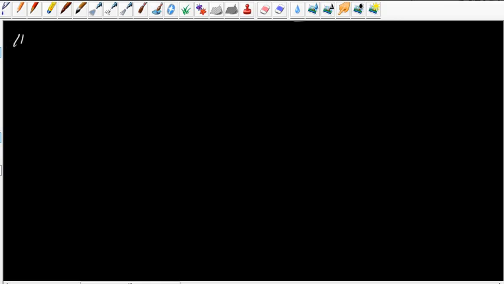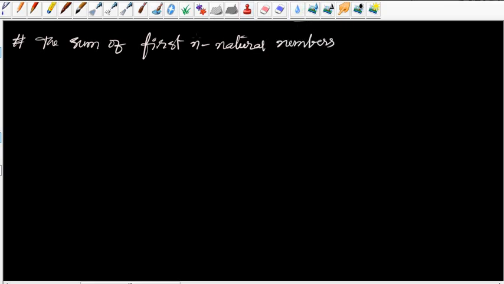So first one, the sum of first n natural numbers. Natural numbers start with 1, next 2, 3, 4, up to n, and so on. How many natural numbers have we considered?